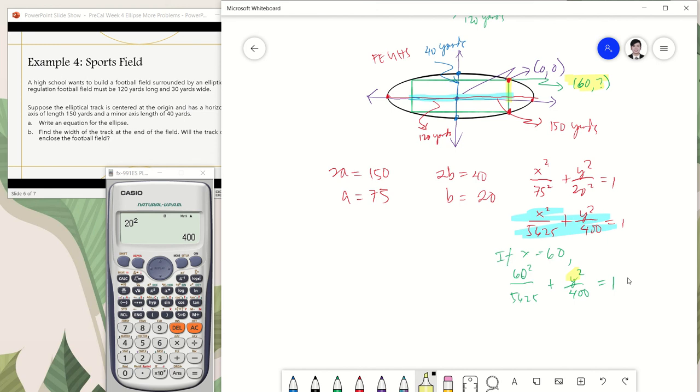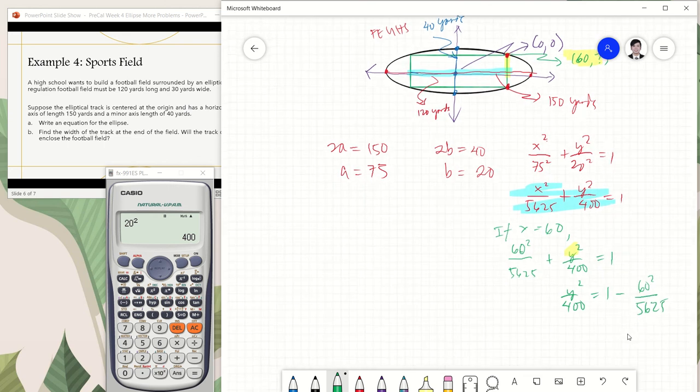So, yung matitira is just y squared over 400, pero magiging minus 60 squared over 5,625. So, again, we just subtracted 60 squared over 5,625 in both sides to maintain the equality of the equation.